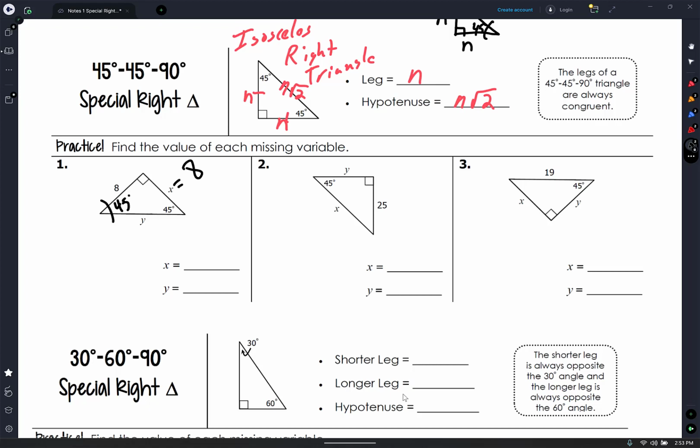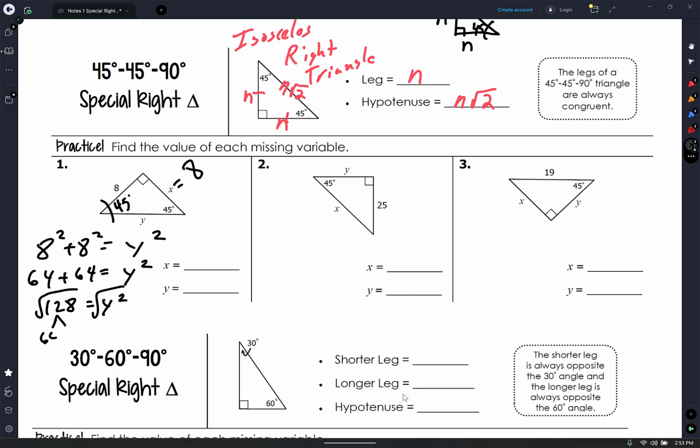So don't write this down, just listen. 8 squared plus 8 squared equals y squared. 8 squared is 64, so 64 plus 64 equals y squared. 64 plus 64 is 128. Don't write this down, guys, just listen. 128 equals y squared. Well, when I take a square root, this is the same thing as 64 times 2. 64 is a perfect square. That is 8. So y equals 8, and look, you still have the square root of 2.